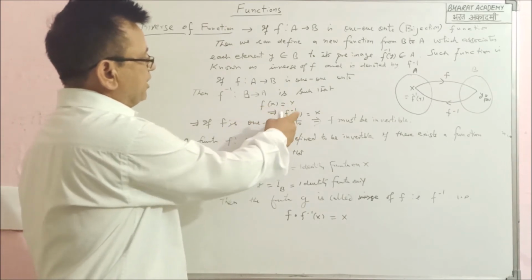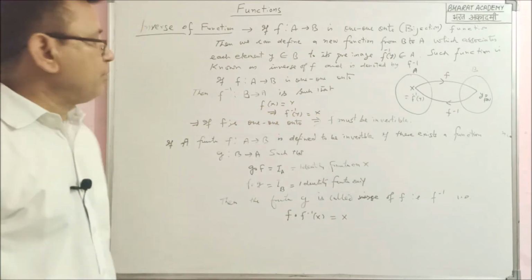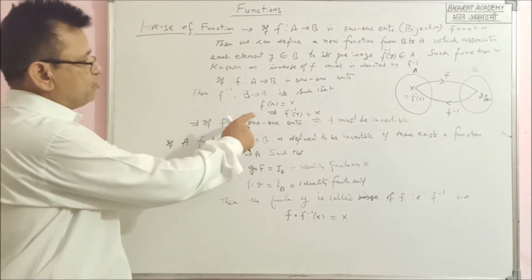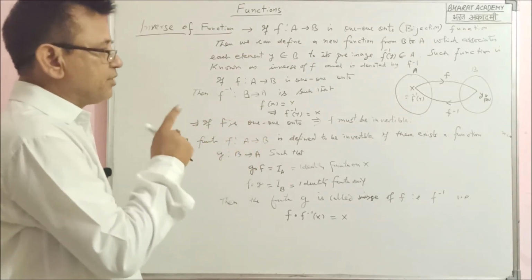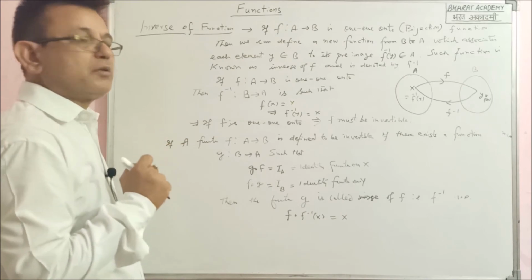So what does it mean? That f inverse of y should be equal to x. So if f is one-one and onto, the function f must be invertible.